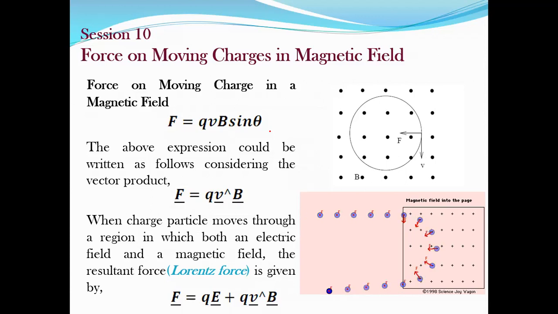The magnetic field is into the paper, so we show it as a cross. Then the force is represented as q V cross B. V and B are perpendicular to each other, so the perpendicular direction of V and B represents the force. Now you can see we are using the left hand.